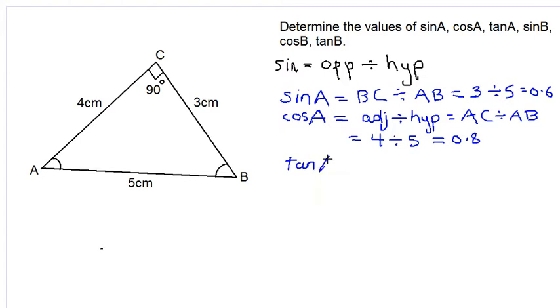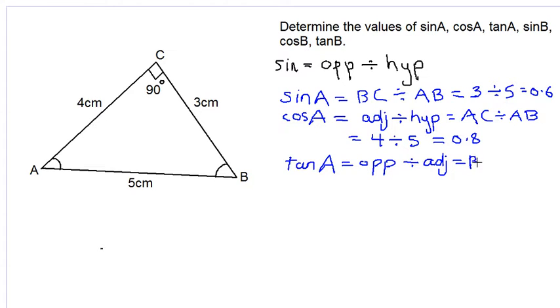So we are standing by angle A, and we are using the formula opposite divided by adjacent. So the opposite side divided by the adjacent side. So the side opposite the angle A is BC.